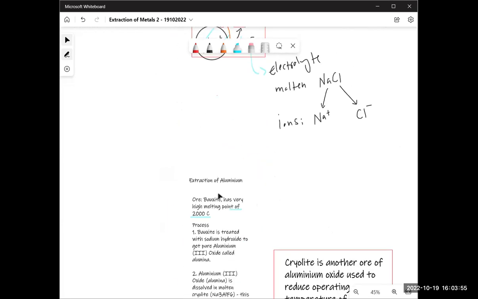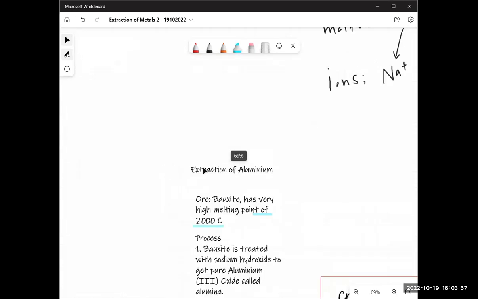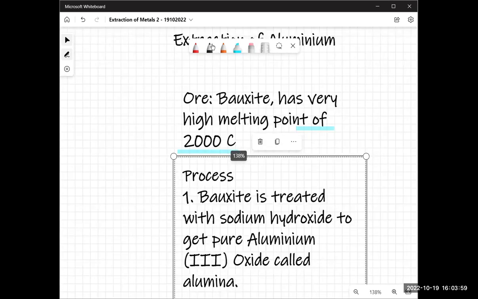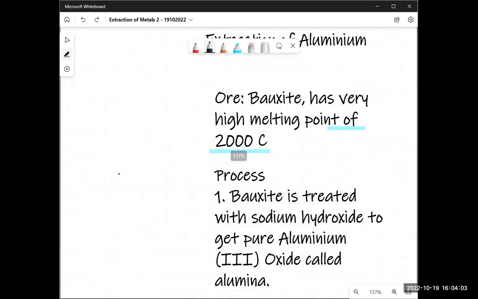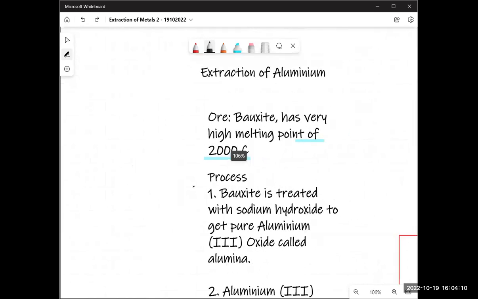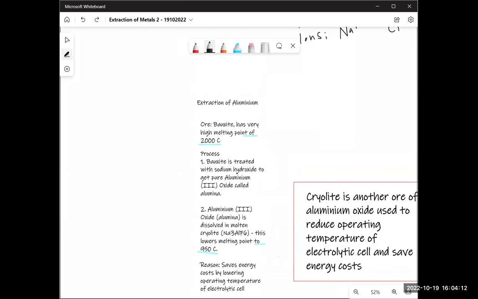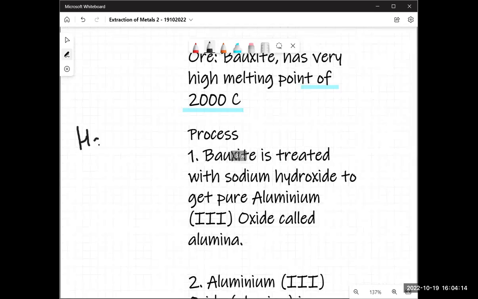Go to the top here and in the process, I just want you to add one thing. Write Hall-Heroult.